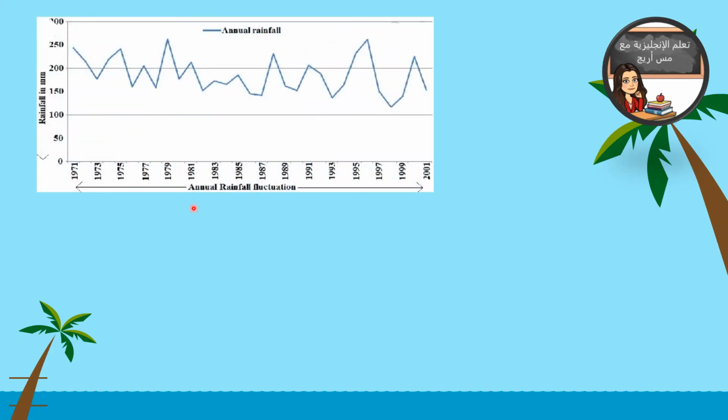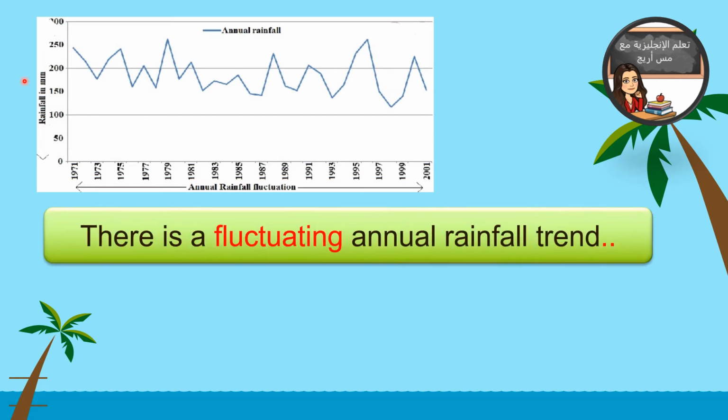Now look at this line graph. As you can see, it's not really increasing or decreasing. Or it's not even steady. There is no stabilization. So sometimes it's up, sometimes down, sometimes it's straight, as you can see here. So what do I say here? I can say there is a fluctuating annual rainfall trend in the years between 1971 and 2001, for example.